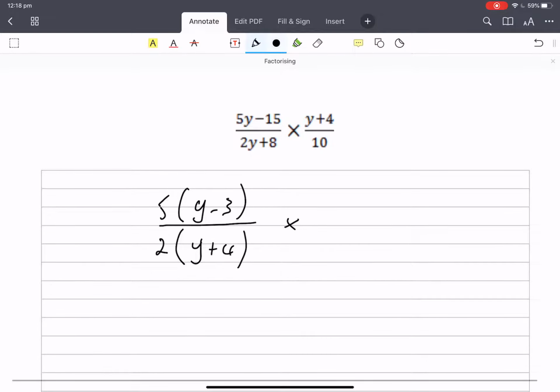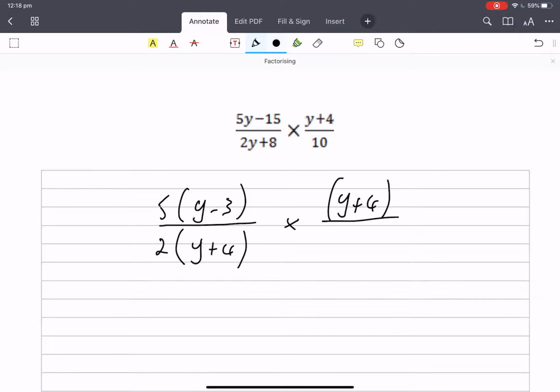Then there's a multiply by sign. On the top is a y plus 4, and on the bottom is a 10. Now I don't know whether you can see it. There's a y plus 4, and there's a y plus 4. I don't know what y plus 4 is, but when something is divided by itself, they cancel.